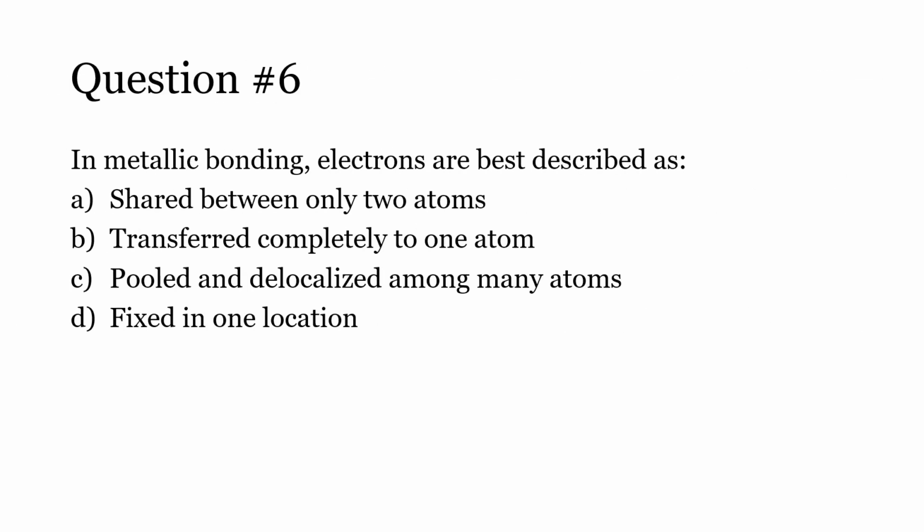Taking a look at question number 6. In metallic bonding, electrons are best described as. So we kind of talked about this a little bit, looking at our metallic bonding. And so the big thing to remember with the metallic bonding or our metals is this idea of the sea of electrons.